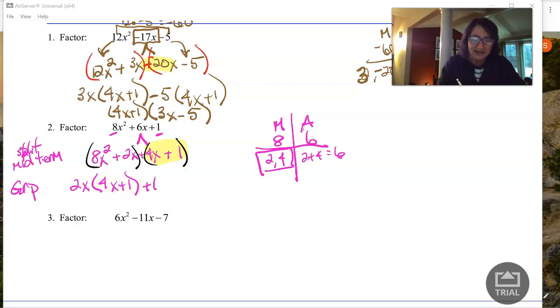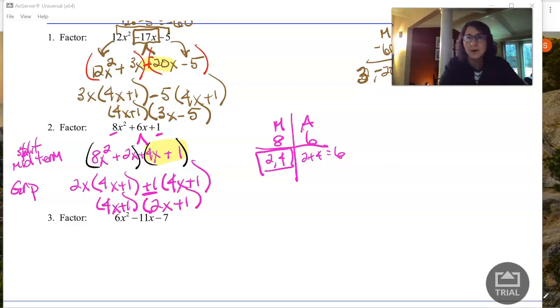So if I divide everything in that term by 1, nothing changes. It still stays 4x plus 1. But this plus 1 is critical. So now I've got 4x plus 1 times 2x plus 1. Those are my two binomials. All right.